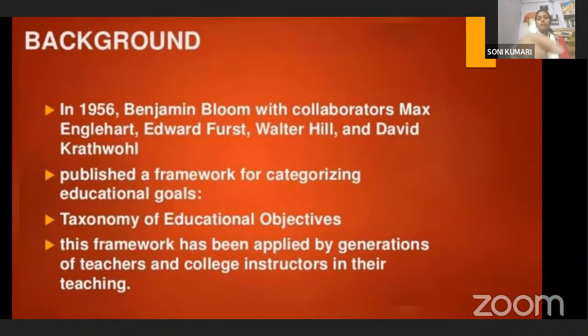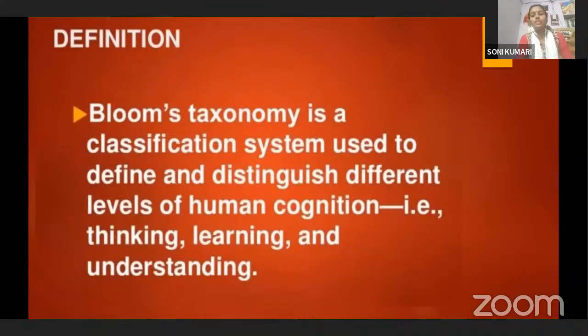Now, in the next slide I have two definitions of Bloom's taxonomy. Bloom's taxonomy is a classification system used to define and distinguish between levels of human cognition, that is, thinking, learning, and understanding. Thinking, learning, and understanding is our human cognition.